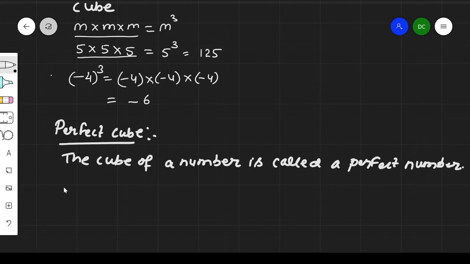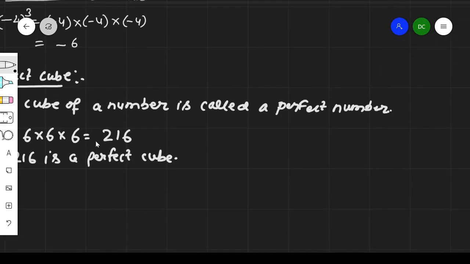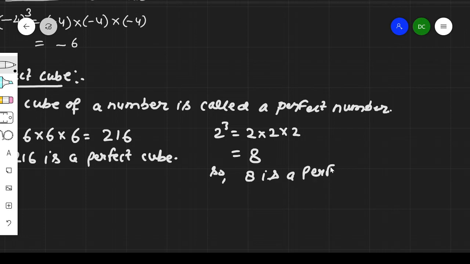Like if we take the cube of 6, or 6 power 3, that means 6 into 6 into 6. As we know, this is 216. So we can say 216 is a perfect cube. If we take the example of 2 cube, 2 multiplied by 2 multiplied by 2, that is 8. So we can say 8 is a perfect cube.